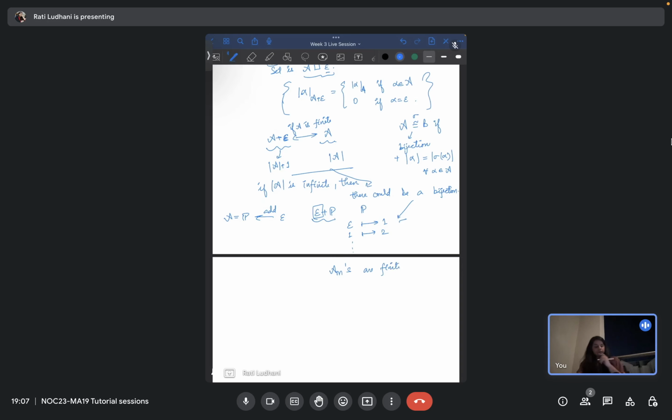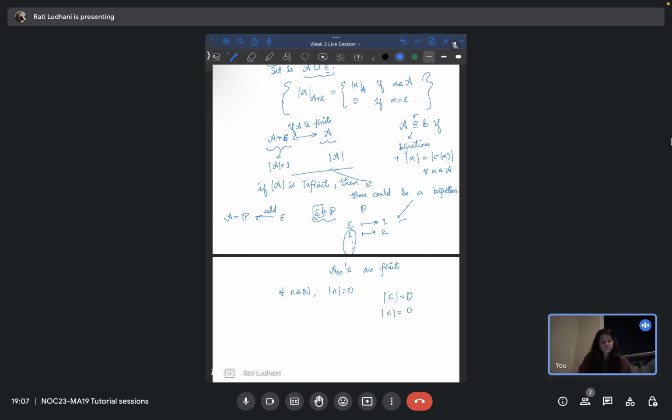For example, if all the elements are mapping to 0, for all n this is equal to 0, then this is okay, because when you take epsilon the size is 0, and anything else is also 0.